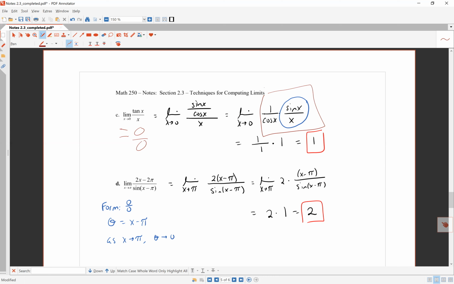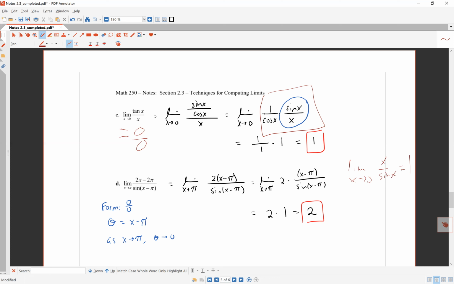Here we're kind of using the reciprocal, the fact that the limit as x goes to 0 of x over sine of x is equal to 1. So that's what we're using there in D.